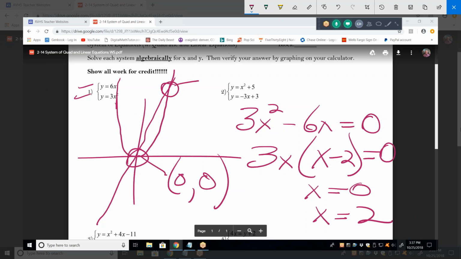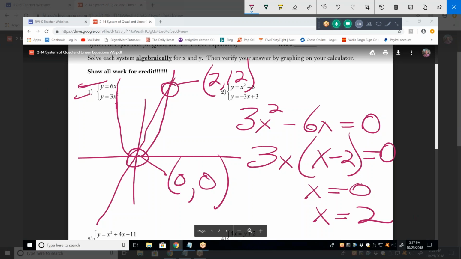And when x equals 2, what is y? 12. Okay. There's your two solutions.